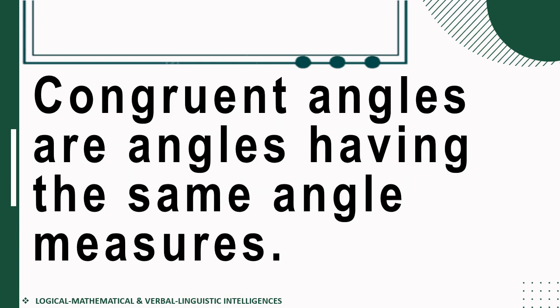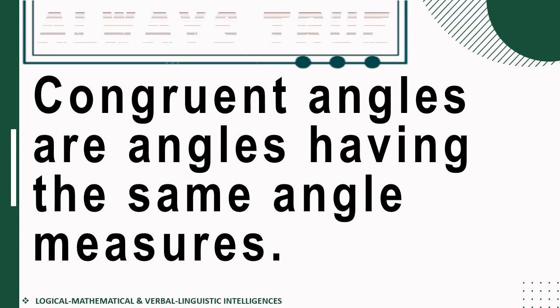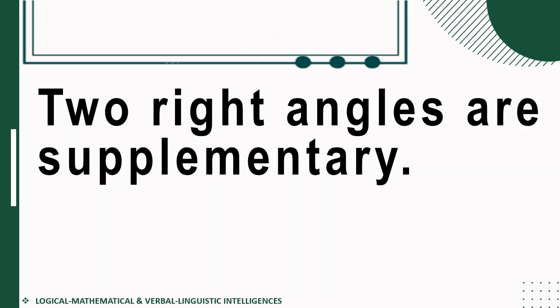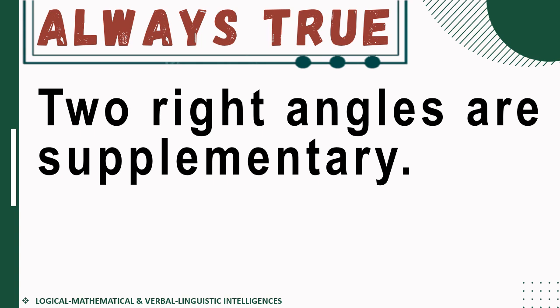Okay? Next, congruent angles are angles having the same angle measures. This is actually the definition of congruent angle. So this is always true. Next, two right angles are supplementary. This is actually true. So if we talk about right angles, we all know right angles are those angles measuring 90 degrees.